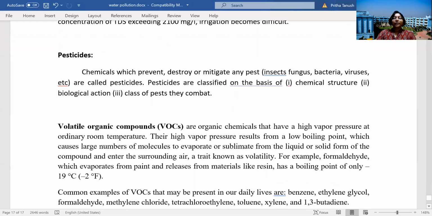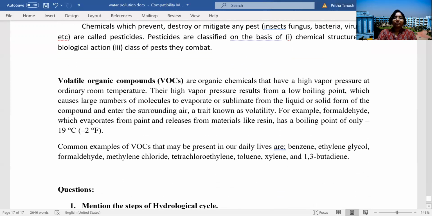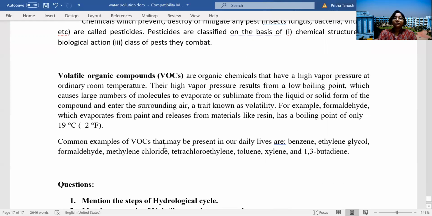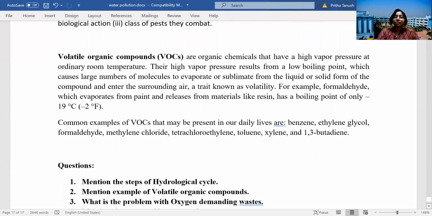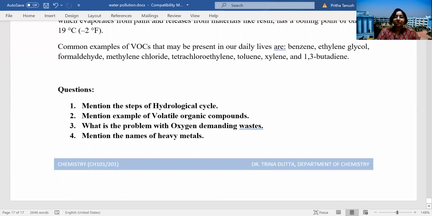Simply to say, they vaporize very easily, so the boiling point of all these things is very low. Common examples of volatile organic compounds are benzene, ethylene glycol, formaldehyde, methyl chloride, tetrachloroethylene, toluene, xylene, and 1,3-butadiene. These VOCs also have a toxic effect on us.